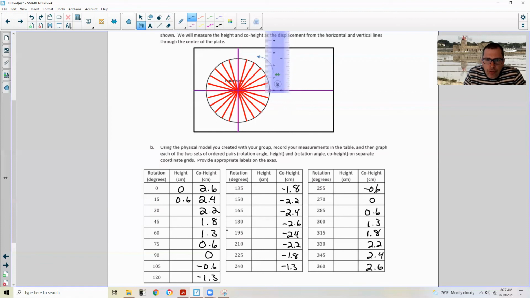Looks like 1.2. This is 1.7. Actually, it's more like 1.8 because we're at 45 degrees. The x and the y should be equal. 1.8.